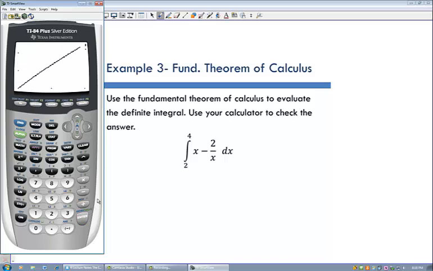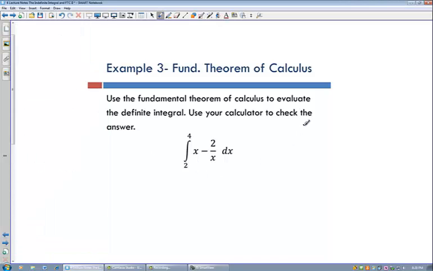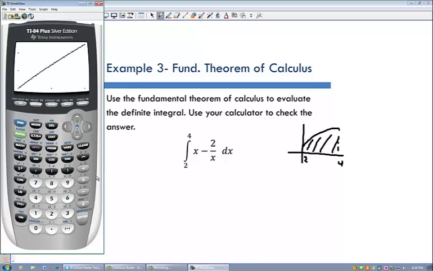And you can see here, we get this picture. If you plug this in, you get this picture here. And we're going from 2 to 4. And we're trying to figure out this area, really. And it is an area because it's above the x-axis, I'm guessing.